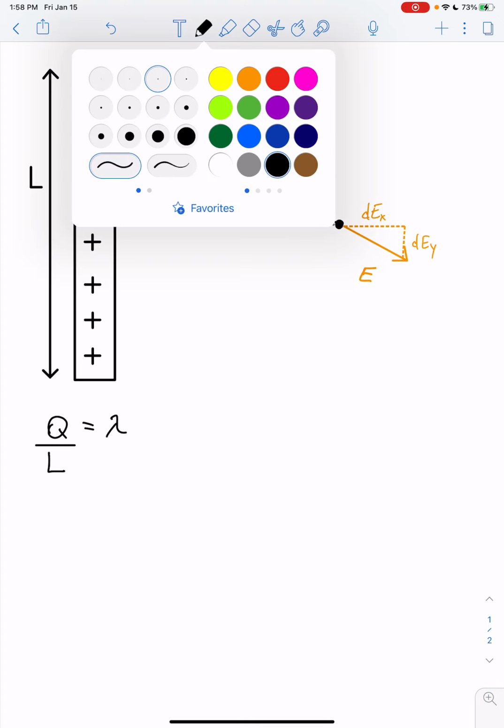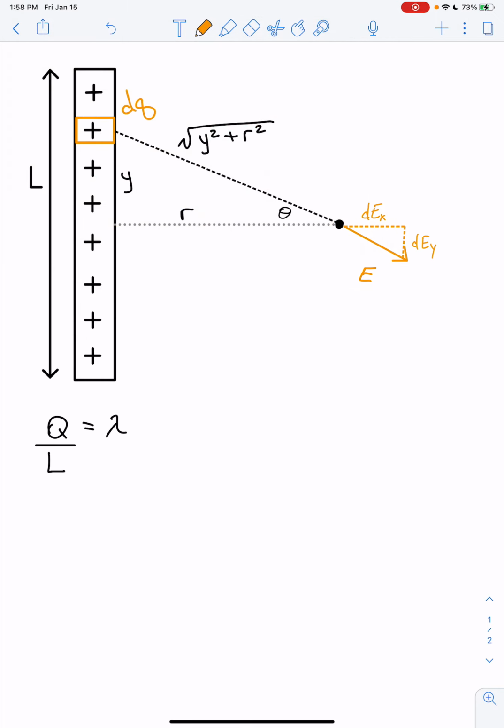So later on, what we're going to do is consider this point here, which is chosen for a good reason. It's right along the middle. So we're going to consider that we also have a point here where this dQ is also going to have a contribution, and that contribution is going to be right like this, and then it will also be broken down into x and y components.